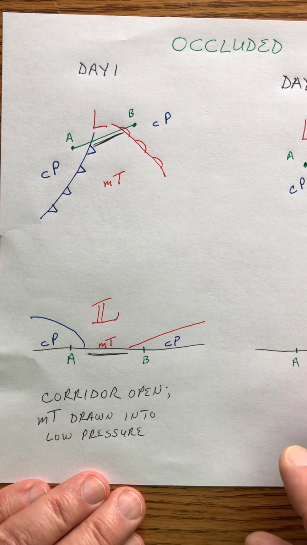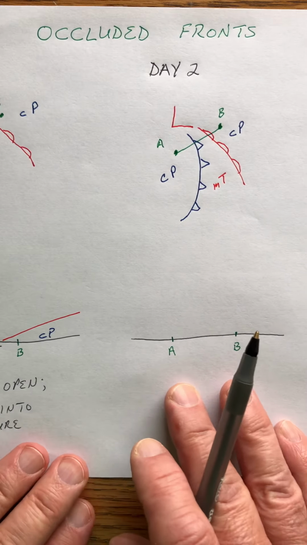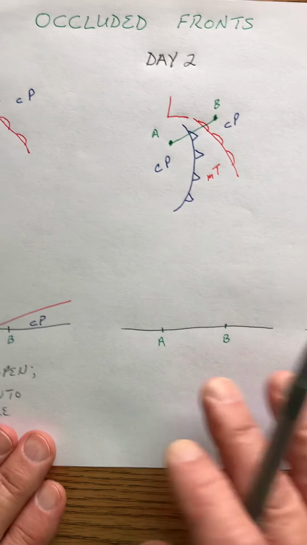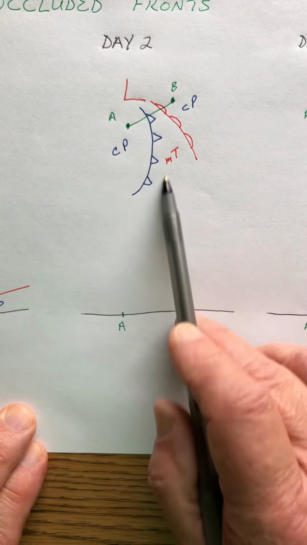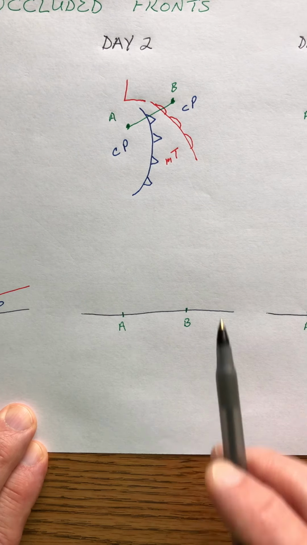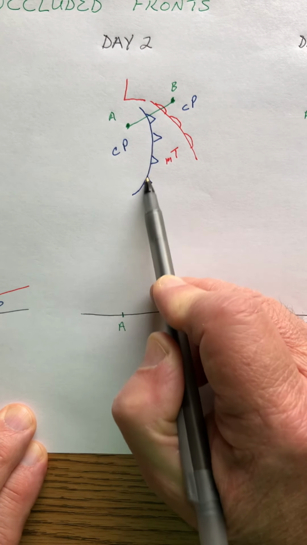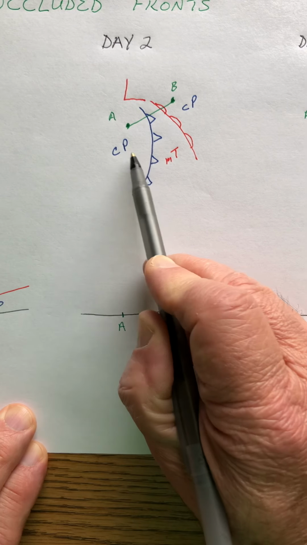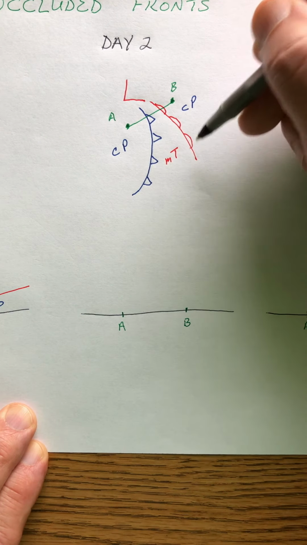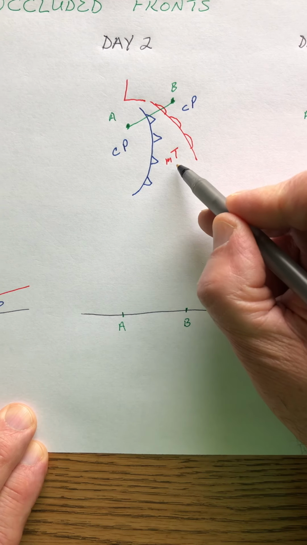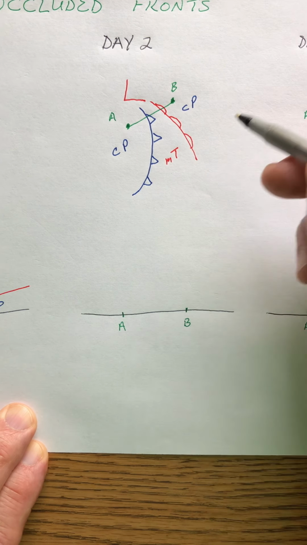Okay, now we move ahead to day 2 and notice that our cold front has moved faster than our warm front and is beginning to catch up. So we've got again the leading edge of a continental polar air mass represented by the cold front, and the leading edge of a maritime tropical air mass is the warm front.